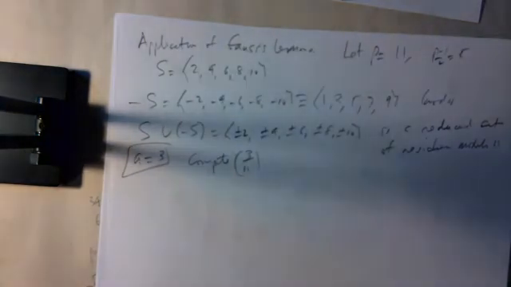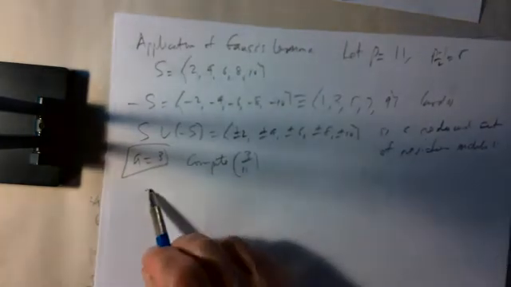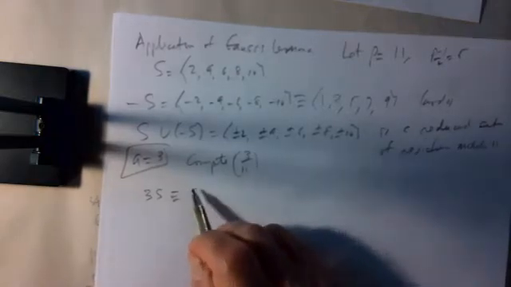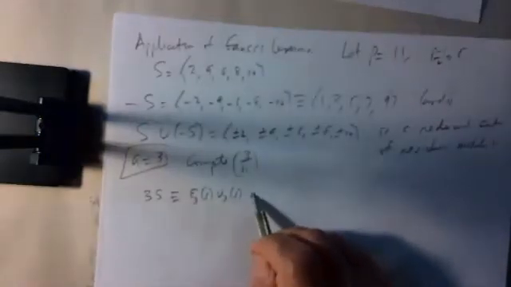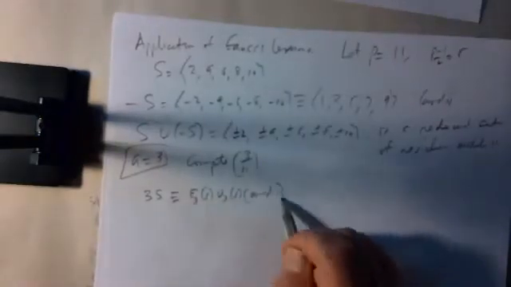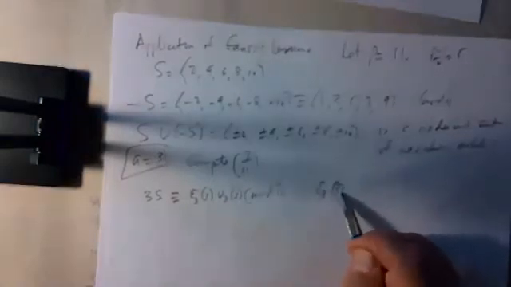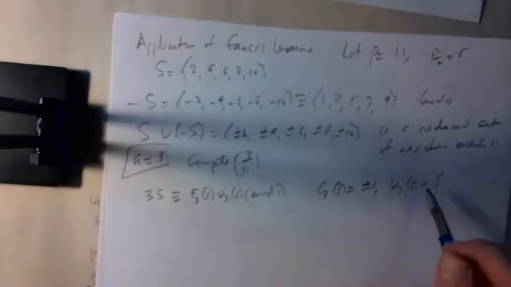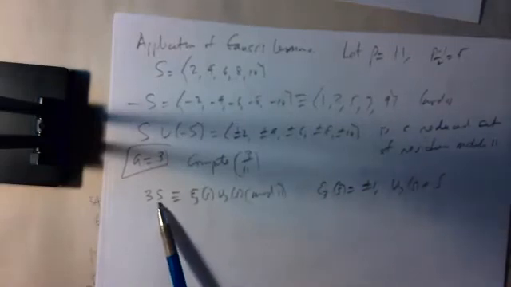So in Gauss's lemma, I have to compute A times S. That's 3S. This is going to be congruent to epsilon sub 3 of S, u sub 3 of S, mod 11, where epsilon sub 3 of S is plus or minus 1, and u sub 3 of S is in S. So I have to compute this for each S. There are 5 of them.